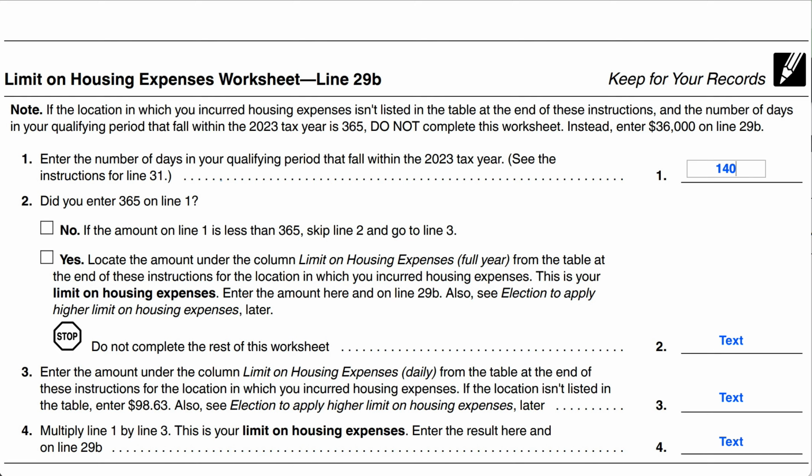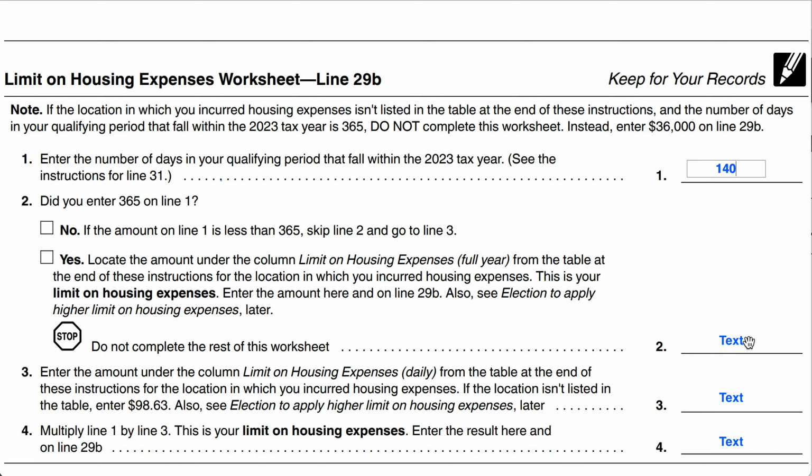Let's pick Hong Kong. They have a pretty high daily rate. In Hong Kong, the limit on housing expenses for an entire year would be $114,300. So if you hit 365, you would simply write out the full amount here. That would be the amount that you use on line 29B.